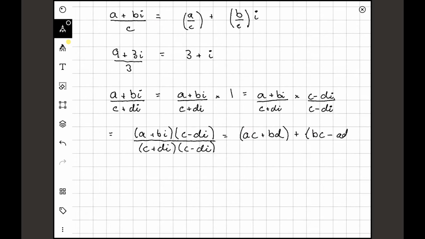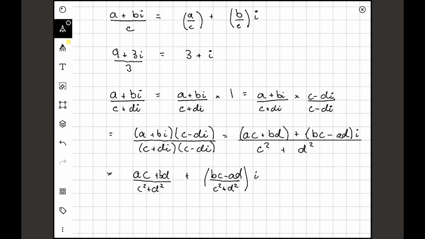And then the bottom is just going to become c squared plus d squared. But this is a real number. So we know how to do this now. So we can write this as ac plus bd over c squared plus d squared, plus bc minus ad over c squared plus d squared, times i.